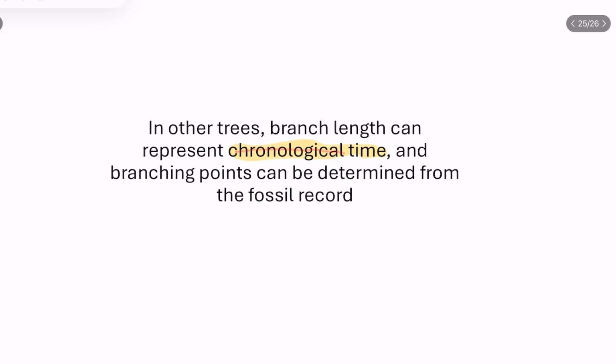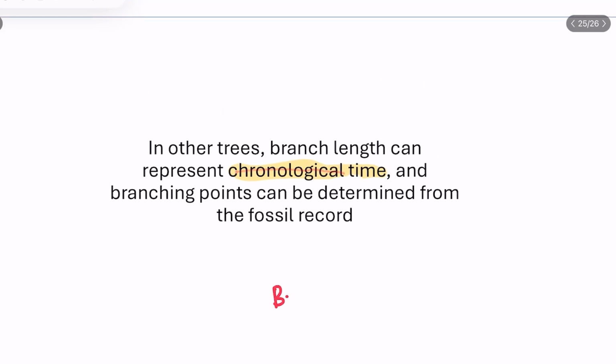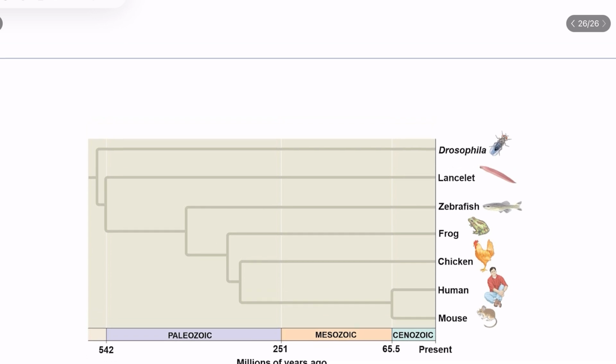One software is called BEAST, which is the best software to draw a phylogenetic tree, but we need fossil records of certain taxa in that tree. We have to put in the fossil record, and then we can draw a phylogenetic tree which can show the chronological time, and it also shows when a species evolved.